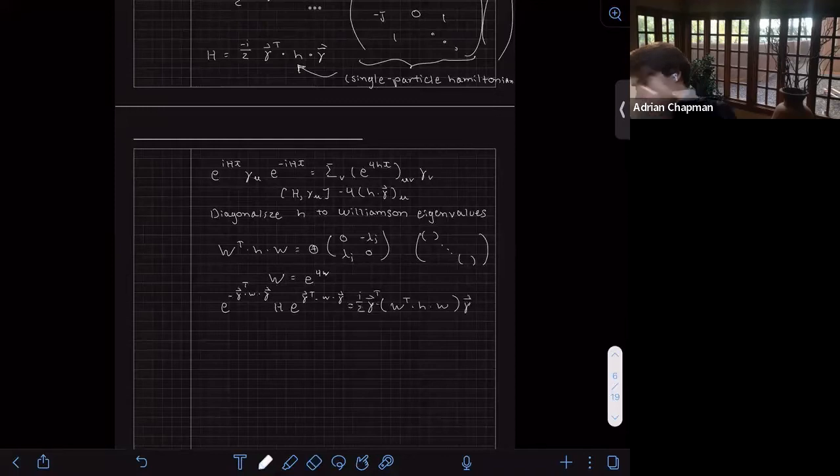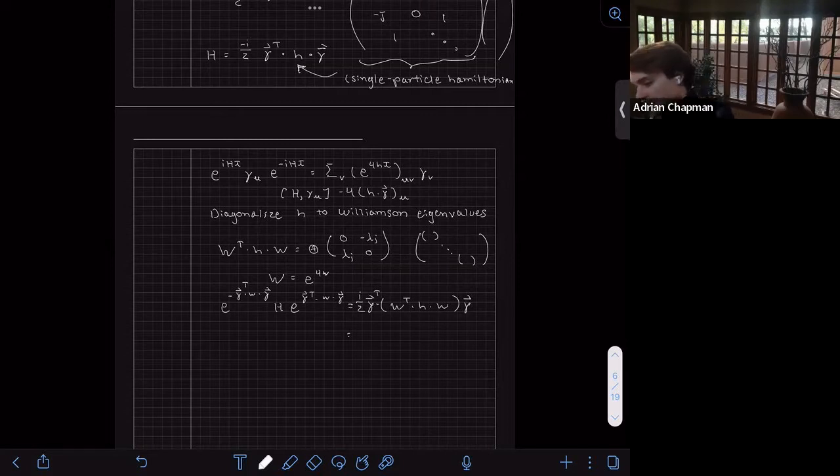So you end up with a conjugating orthogonal matrix on the single particle Hamiltonian. This gives you this block diagonal form when I plug in W for the orthogonal matrix.